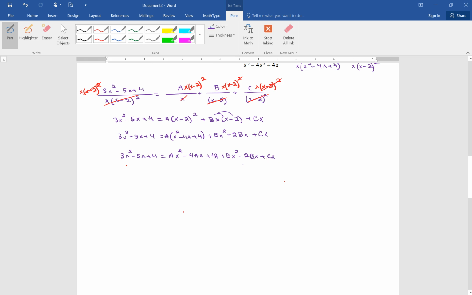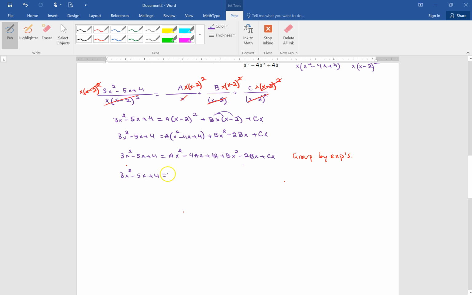Okay, now here's what I'm going to do. I'm now going to group these by their exponents. What does that mean? You want to collect all of the ones with the x squares and write like terms, okay? Collect all the ones with the x squares, all the ones with the x's, all the ones with just constants. So this is going to stay the same.